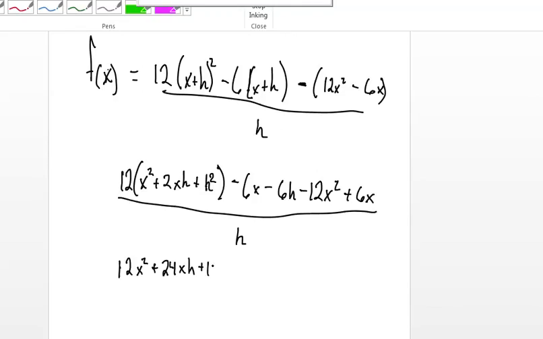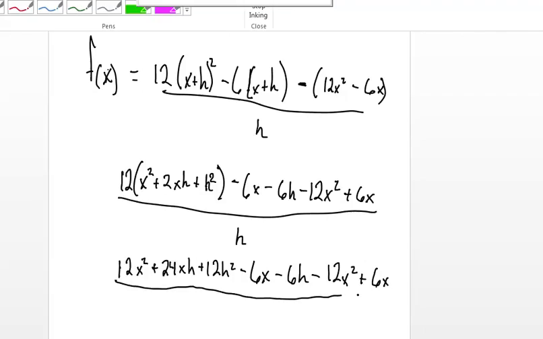Plus 12h squared minus 6x minus 6h minus 12x squared plus 6x. Now this starts to get a little bit confusing, just with all these different variables and this stuff.